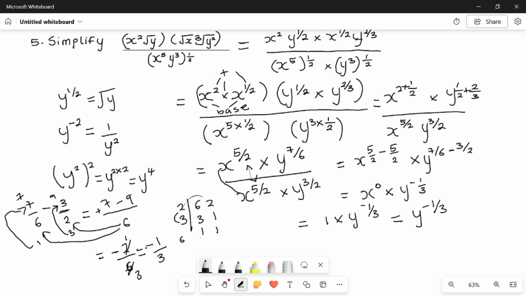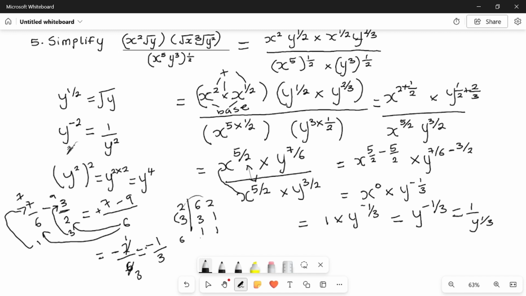Now, remember from here we had that y raised to power minus 1 over 2 was the same thing as 1 over y raised to power 2. So similarly, y raised to power minus 1 over 3 will be the same thing as 1 all over y to the 1 over 3. You see? So that's what it means.